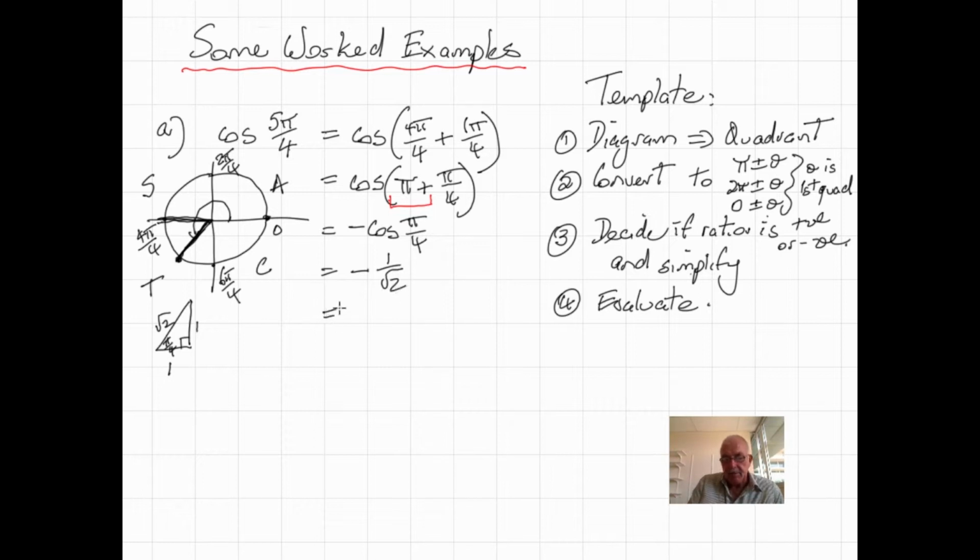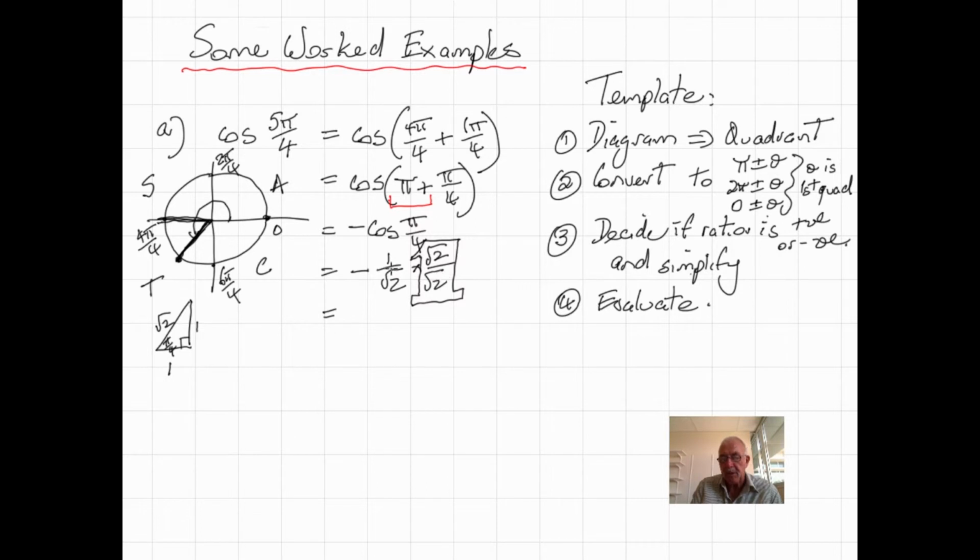Now it is conventional not to put a surd in the denominator, so the way to get rid of that surd is to multiply top and bottom by the same surd as what is in the denominator, so root 2. We haven't changed the value of that because root 2 on root 2 is nothing more than the number 1.